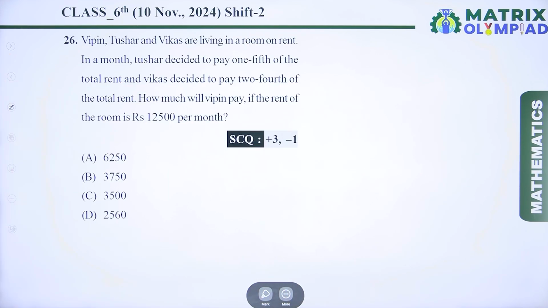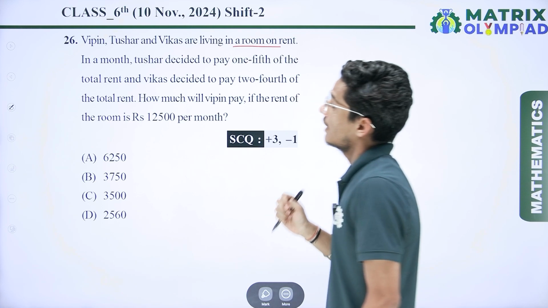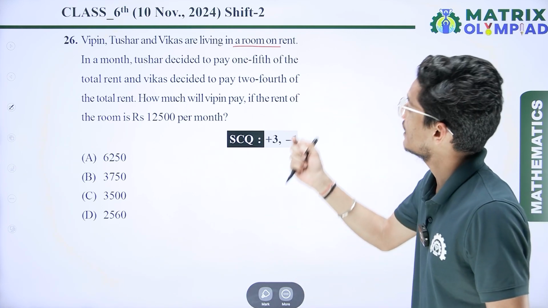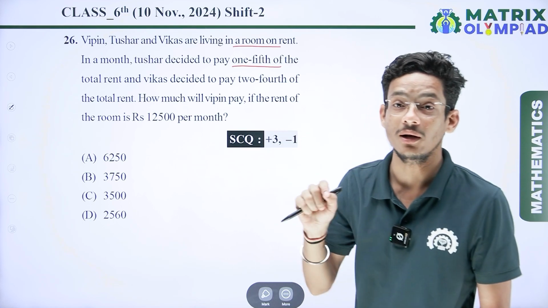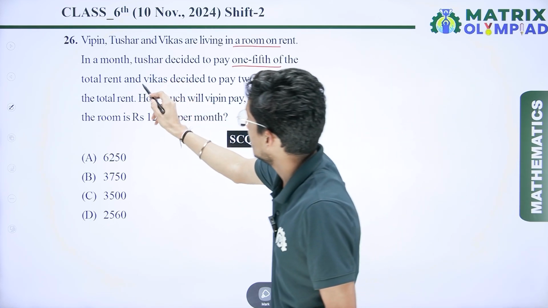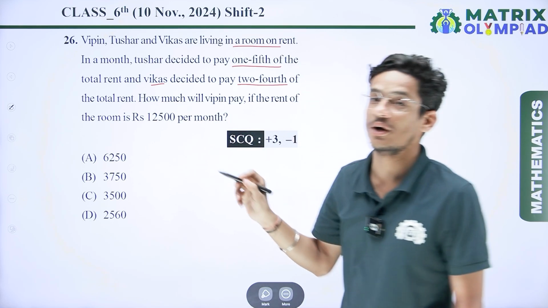Now the next question: Vipin, Tushar and Vikas are living in a room on rent. In a month Tushar decided to pay 1/5 of the total rent, and Vikas decided to pay 2/4 of the total rent.